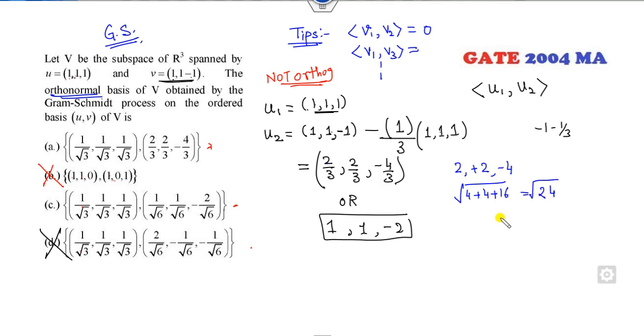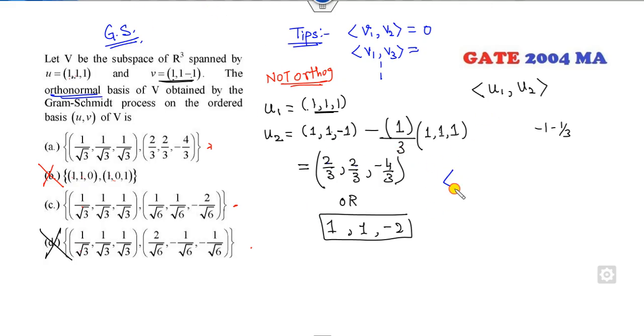Fine, 2, 2 and here. No, something is wrong, because 24 should not be there. Check your calculation again. It's 2 by 3. No, sorry, there is no need of this, because we have already divided them.